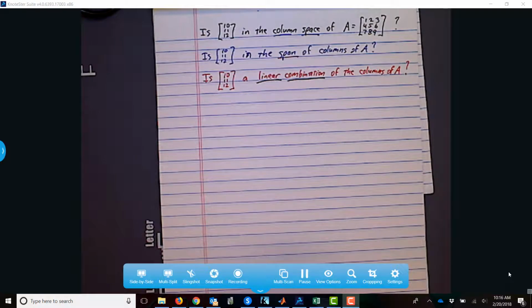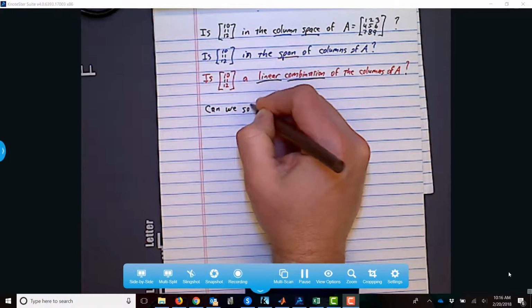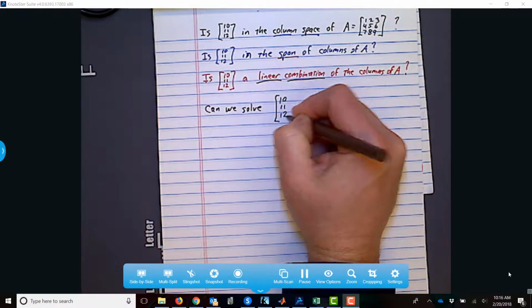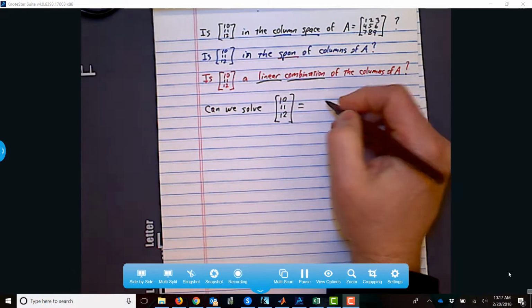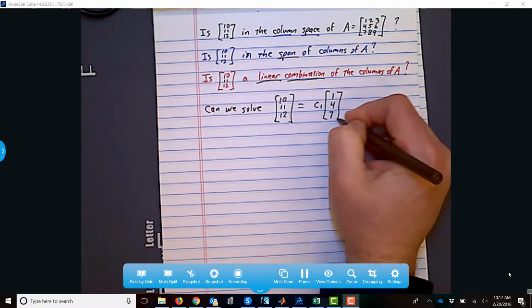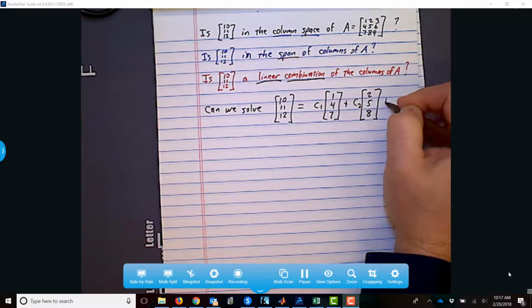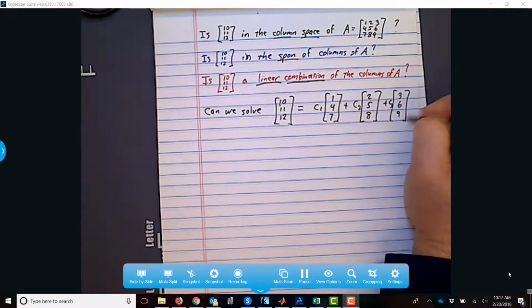So really what I'm asking is, can we solve the following equation? 10, 11, 12 equal to, because what does it mean to be a linear combination? It means take C1 times the first column, plus C2 times the second column, plus C3 times the third column, 3, 6, 9. Right?